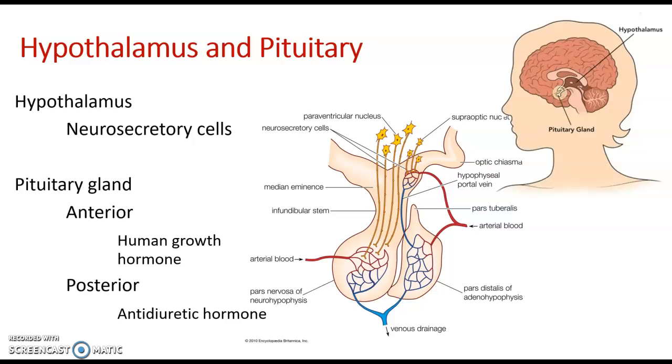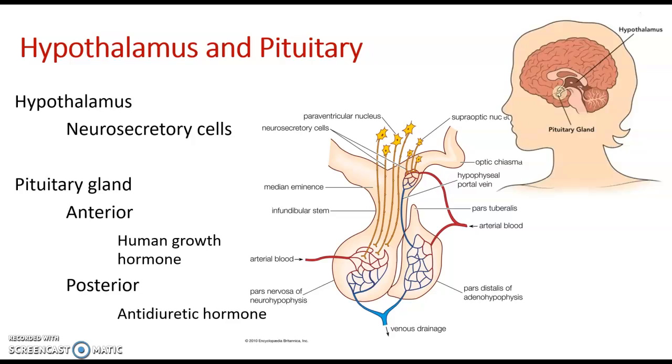The posterior pituitary, like we said before, won't make any of its hormones on its own. It just receives and stores the hormones made by the hypothalamus. And the example that we're going to look at more closely in just a second is antidiuretic hormone.